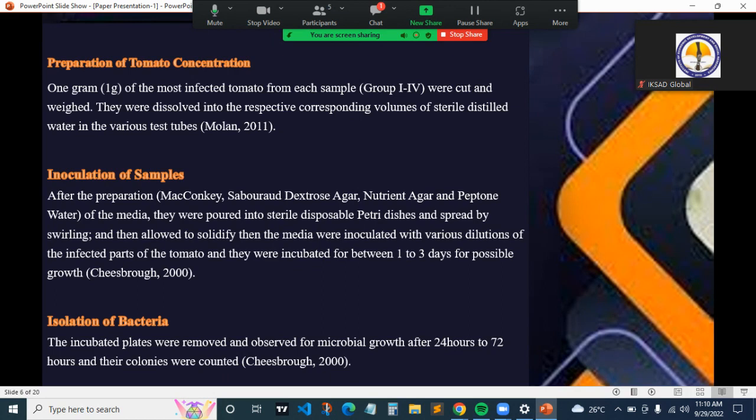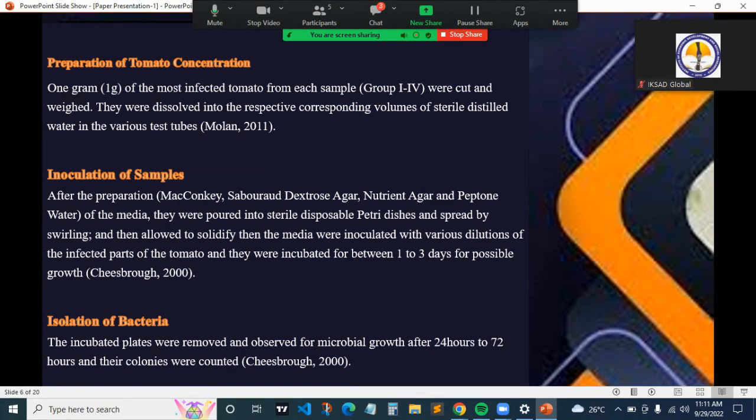So what we did was to get 1 gram from the most infected tomato from the first group to the fourth group. We collected the 1 gram from all the affected tomatoes, then we dissolved it in respective corresponding volumes of sterile distilled water in the various test tubes. Then we had to inoculate the sample.